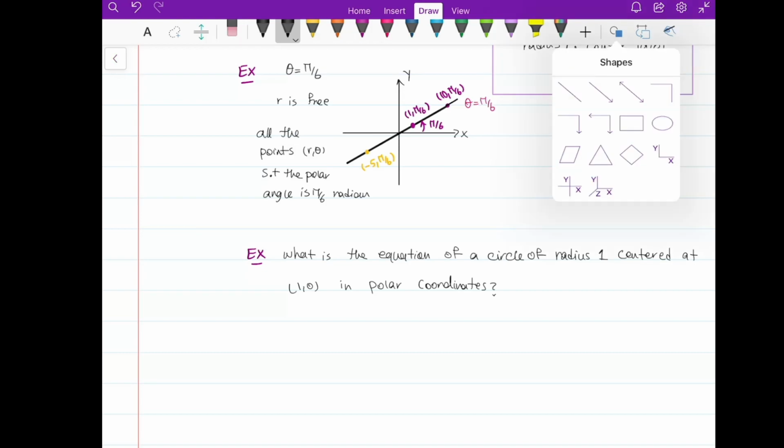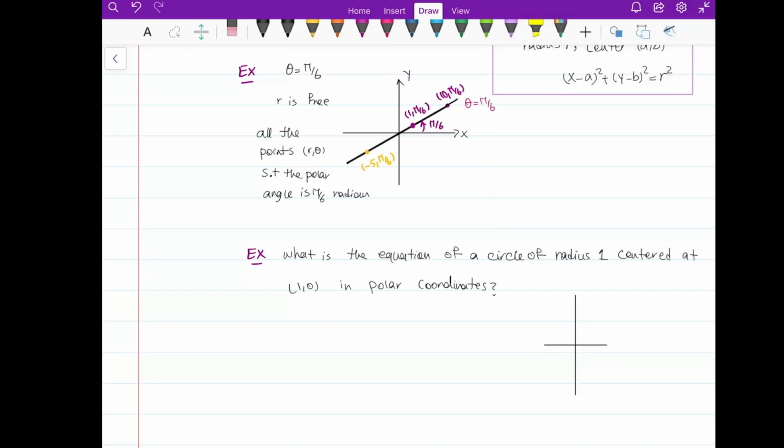Let me graph it first. X-axis, y-axis, and I have a circle like this. The circle has radius 1, but the center of the circle is at the point 1 and 0. So this would be that circle.